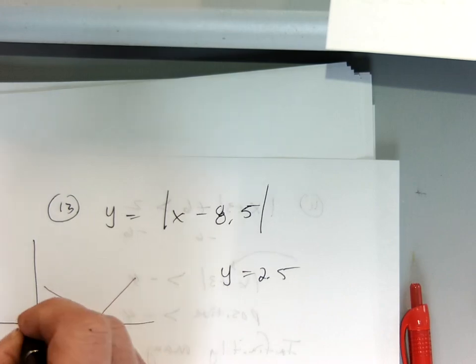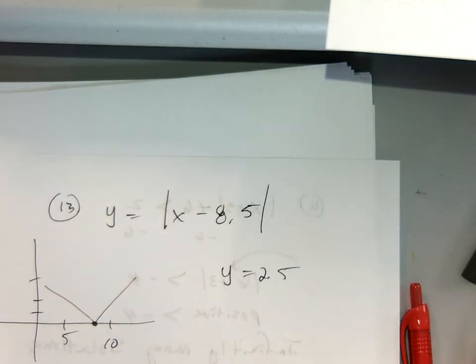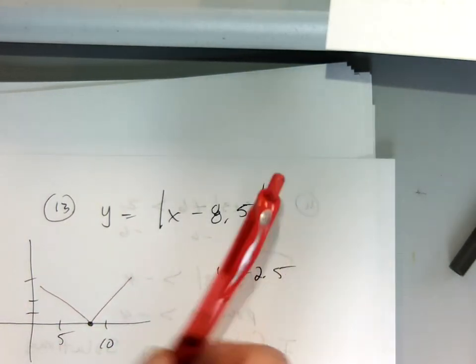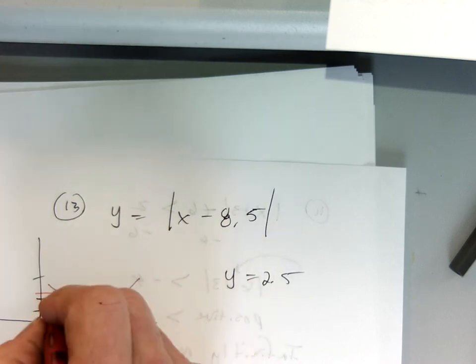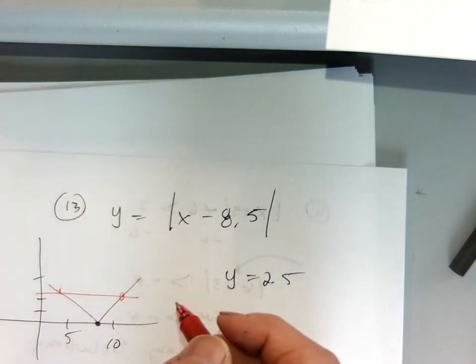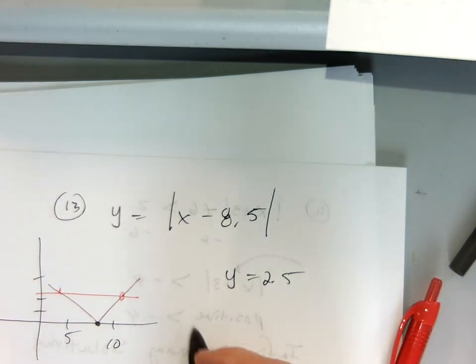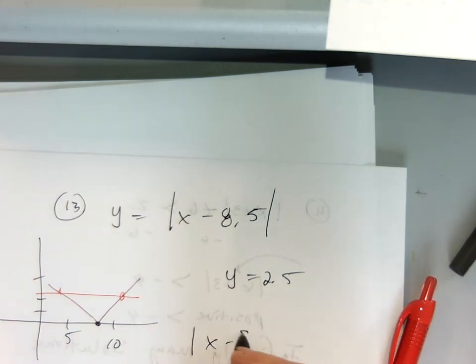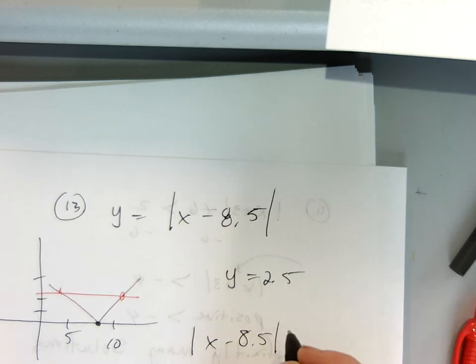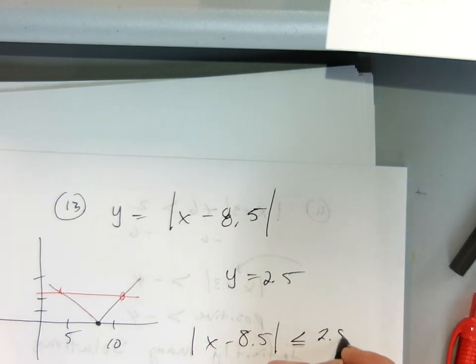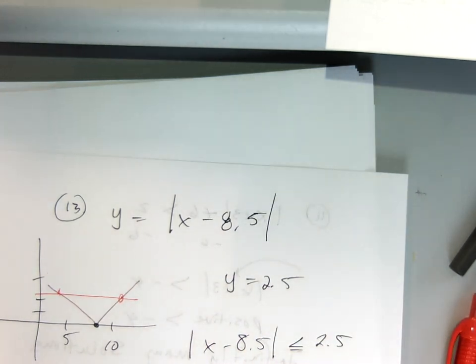I could have a 1, 2, 3, a 2.5 would be like coming across like this, and I could have this range in between here, okay? So what I can do then is take my absolute value of x minus 8.5 and make sure it's less than or equal to 2.5 because of my variance, all right?